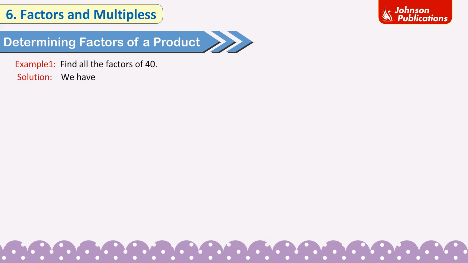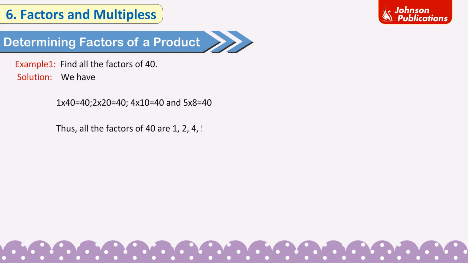Solution: we have 1 multiplied by 40 is equal to 40. 2 multiplied by 20 is equal to 40. 4 multiplied by 10 is equal to 40. And 5 multiplied by 8 is equal to 40. Thus, all the factors of 40 are 1, 2, 4, 5, 8, 10, 20 and 40.